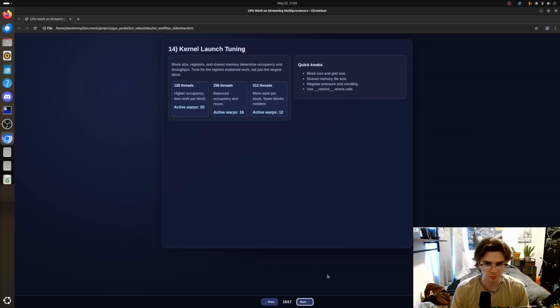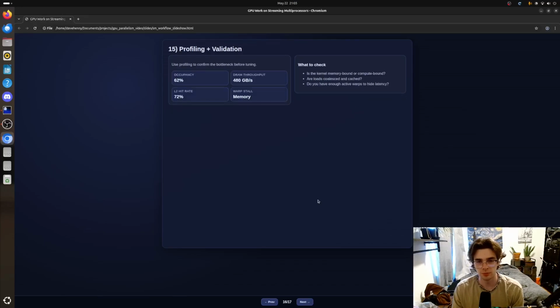What should you do when you go to profile? Well, you should ask yourself a few questions. Is the kernel memory bound or compute bound? Best way to do this, look at a roofline model. A roofline model is going to be your best friend when you're trying to figure out where your kernel is. Are all your memory loads coalesced and cached? You don't want to have uncoalesced memory accesses.